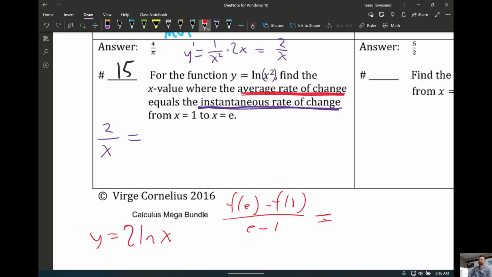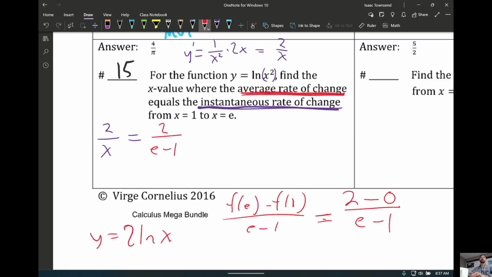But then if you plug in, you get 2 times the natural log of e, which would be 2 times 1, minus 2 times the natural log of 1, which would be 0, over e minus 1. So from the slope formula, it looks like the average rate of change was 2 over e minus 1.